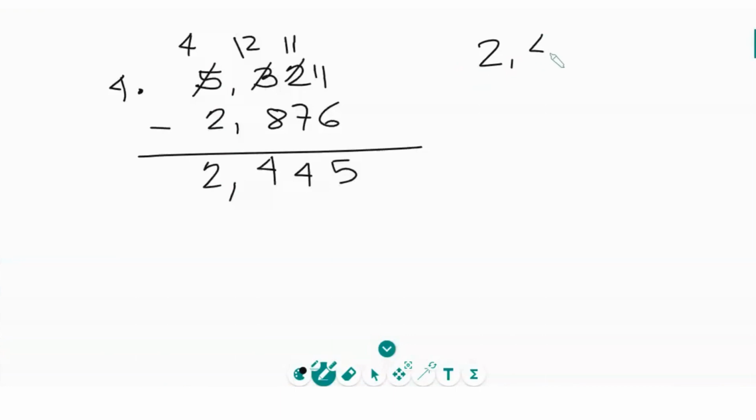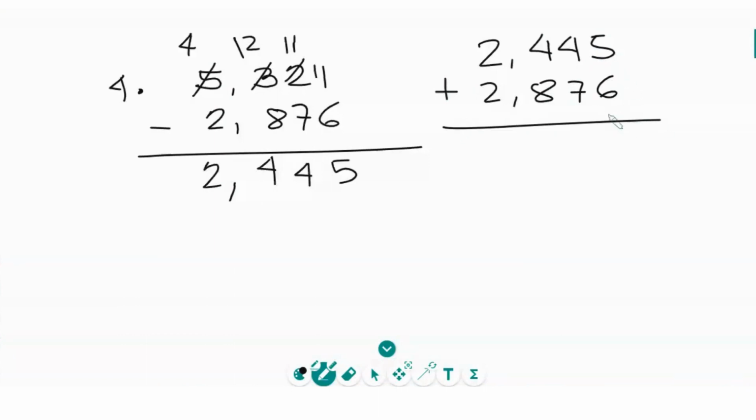So we have here 2,445 plus 2,876. Now 6 plus 5, that will give us 11, carry over 1, and 7 plus 4, what is 7 plus 4? That will become 11, and 11 plus 1, that will give us 12, carry over 1.